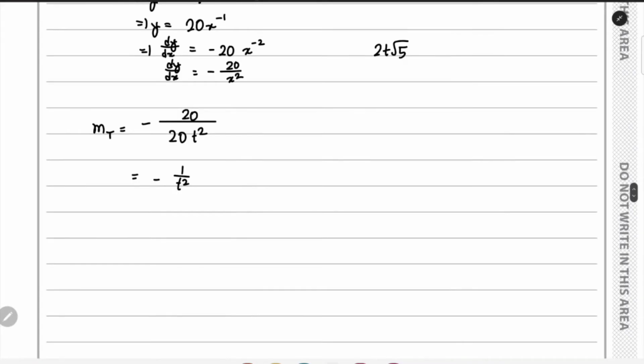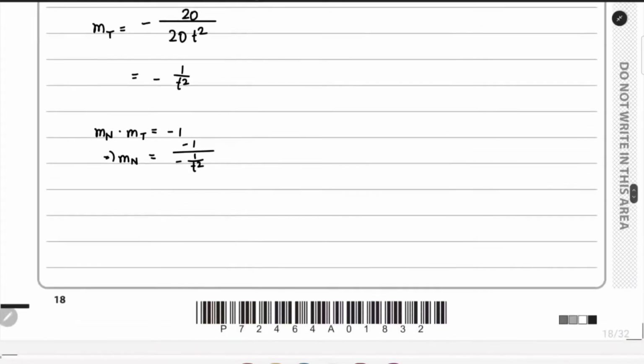Now we know that the normal will be perpendicular to the tangent. So if I multiply their gradients, it will be minus 1. So the gradient of the normal will be minus 1 divided by the gradient of the tangent, which is minus 1 divided by minus 1 by t squared, which is positive t squared.